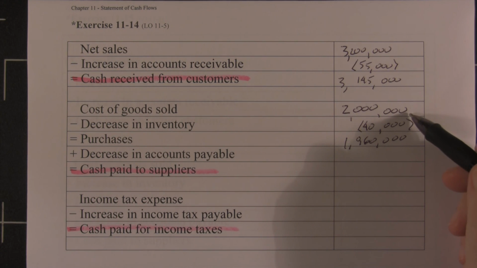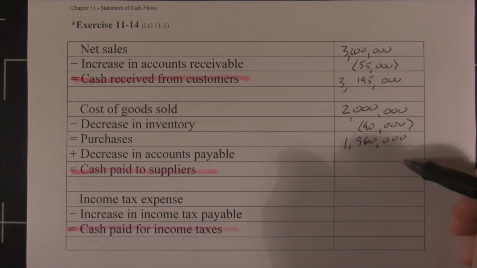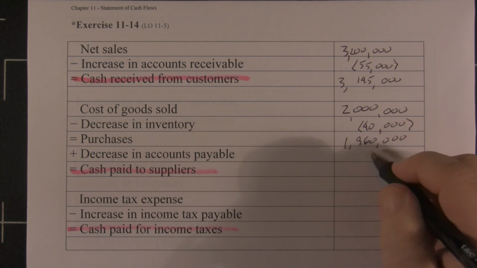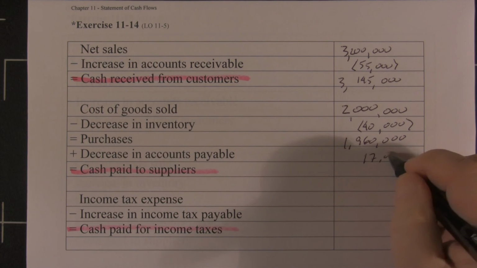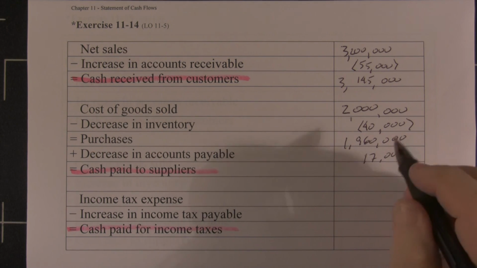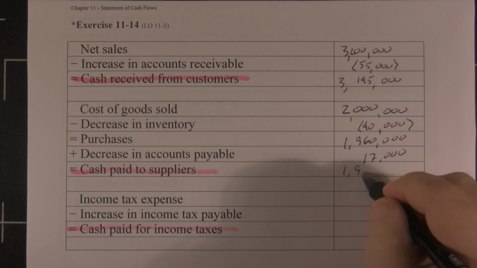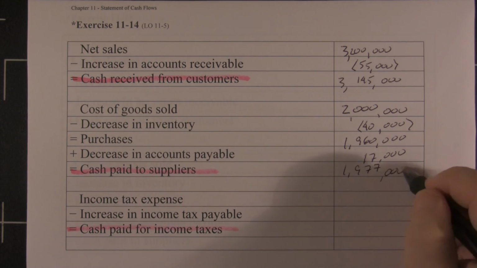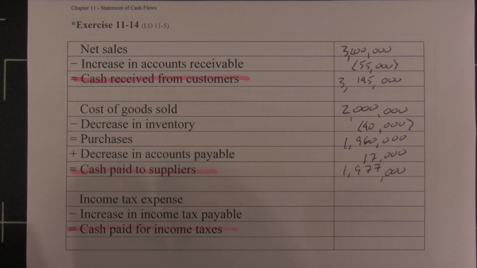It increased by $17,000, so we have to add that because our accounts payable went up. We didn't pay that. So that's $1,977,000. You just have to think what side you're looking at and who you're doing the accounting for.